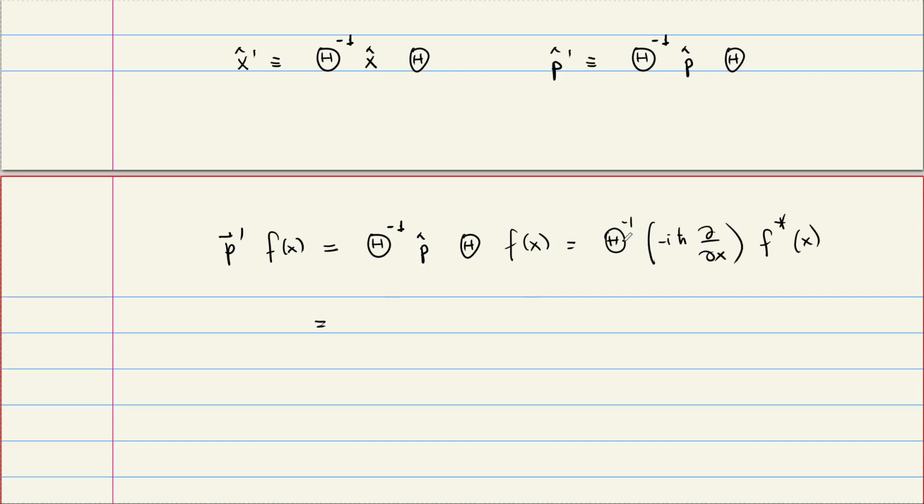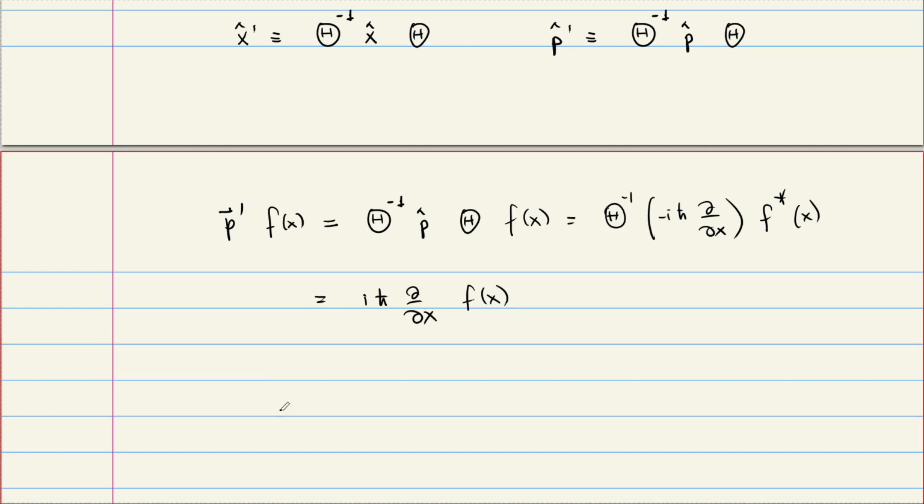And now this theta and theta inverse just do complex conjugation, because if you do complex conjugation twice, you get identity. So this is going to be i h bar del del x, and it's hitting on f is going to be f. From here we deduce P prime is equal to, right, this is minus P.